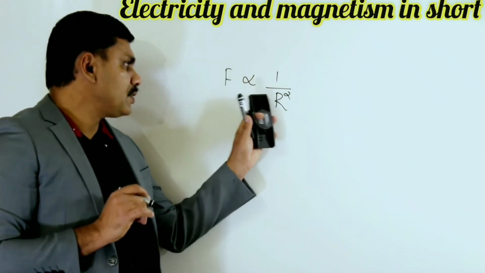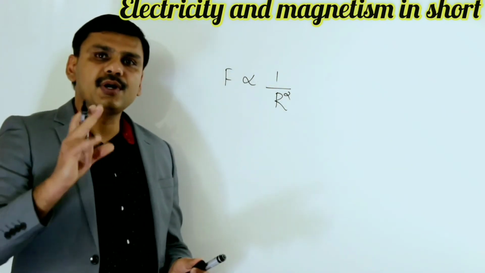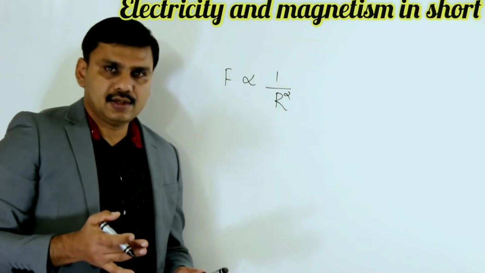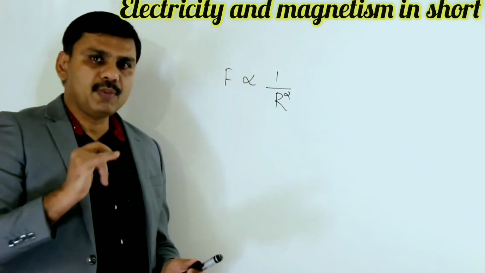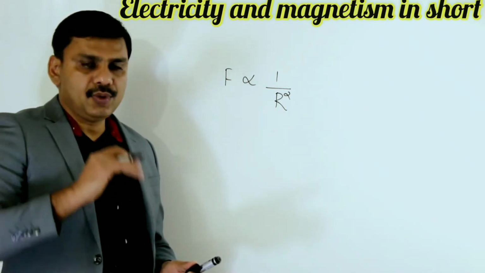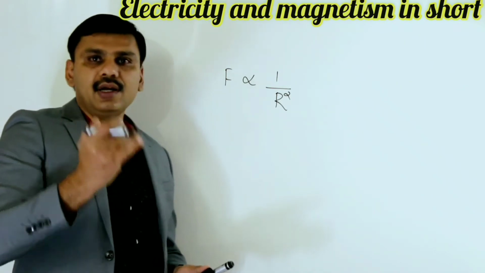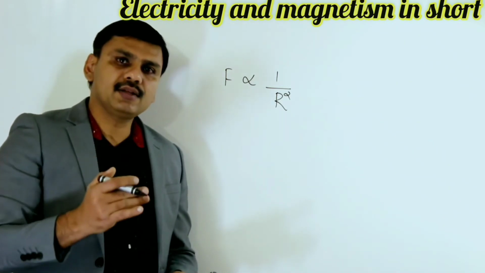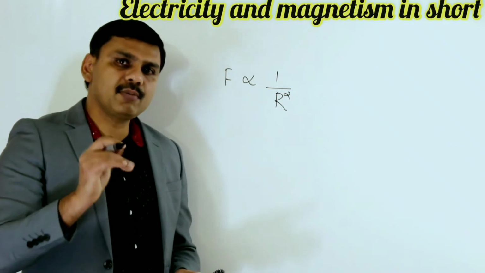You know that force is inversely proportional to the square of the distance. Here the distance becomes r/3. So when you square r/3, you get r²/9.